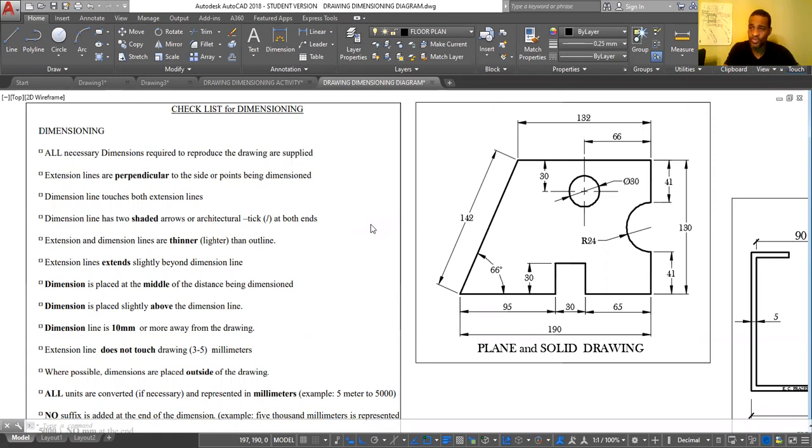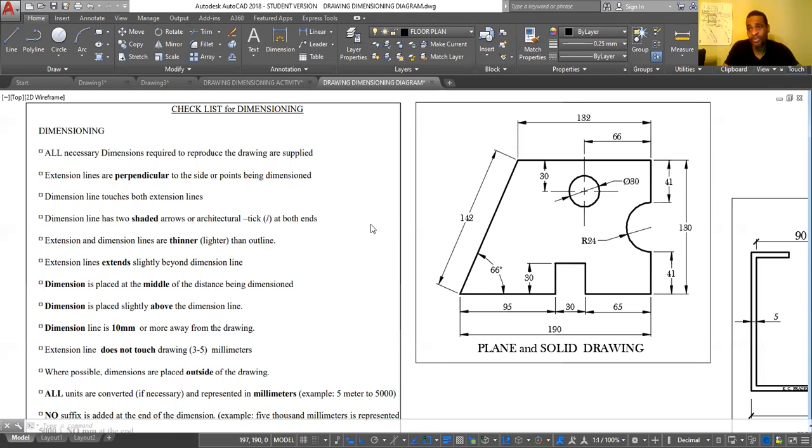What is dimension? Dimension is pretty much a numerical value which is given to distance between 2 points. There are quite a number of rules or guidelines that one should ensure that he maintains when dimensioning. Good dimensioning is very, very important.